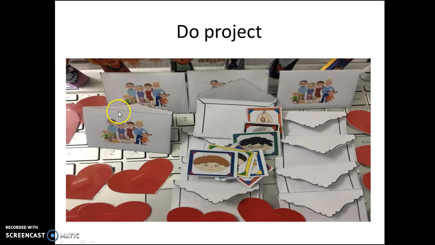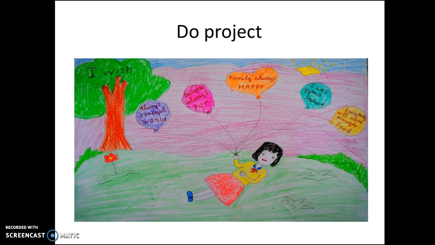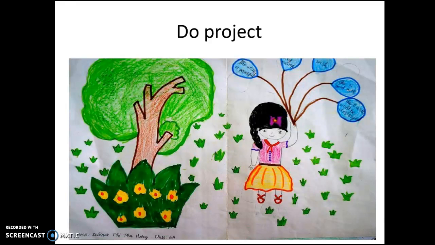Or about family, you can make an envelope and post pictures of our family members here. Or you can draw about family. I let students draw about waste, and this is the product. It is like that.